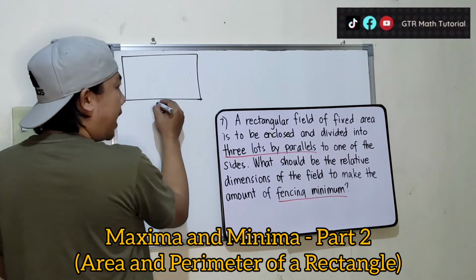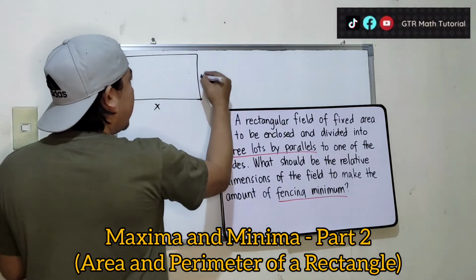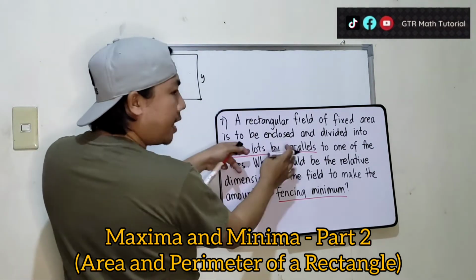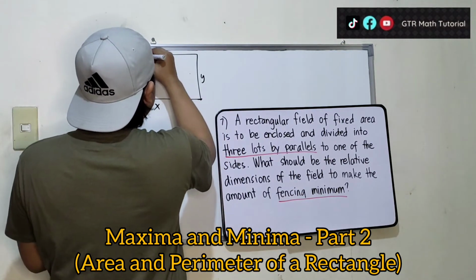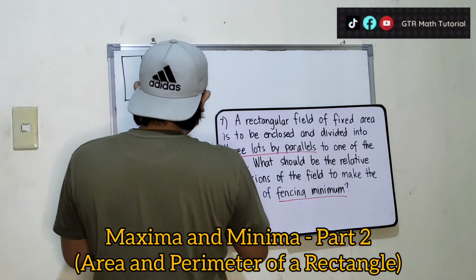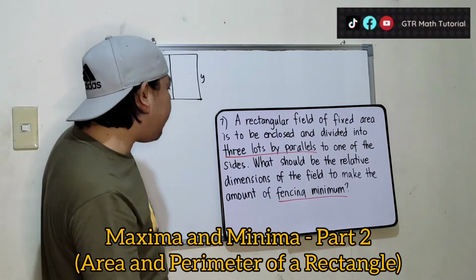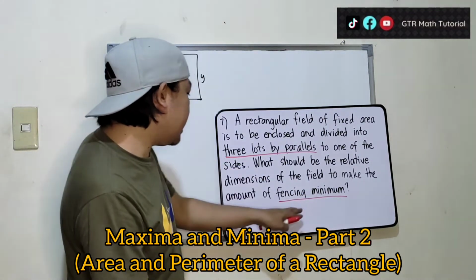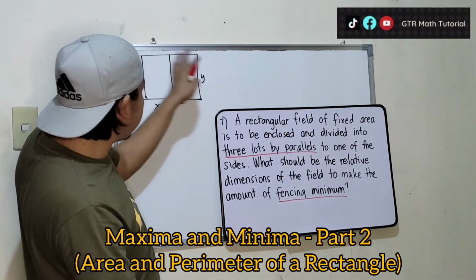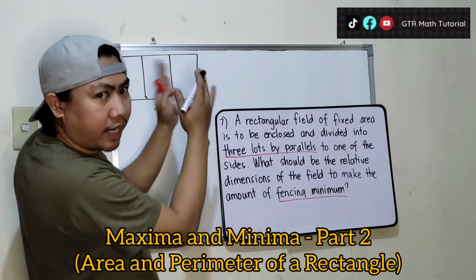The length is x and the width is y. So we're going to divide this into 3 lots by parallels. So we want to minimize the amount of fencing that is needed to construct this rectangular field and then divide it into 3 lots.